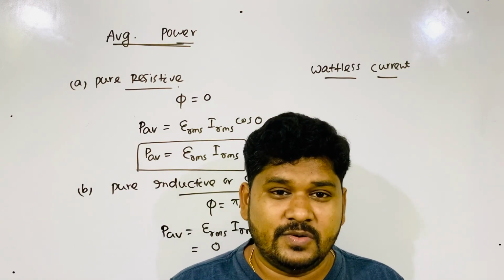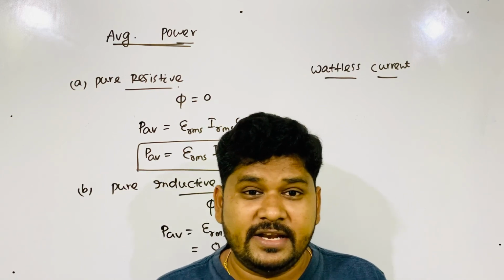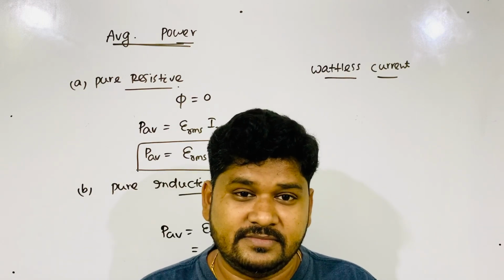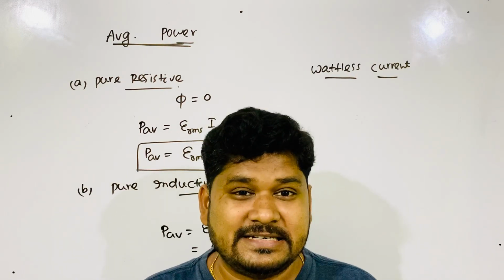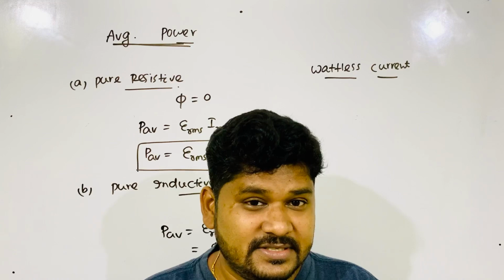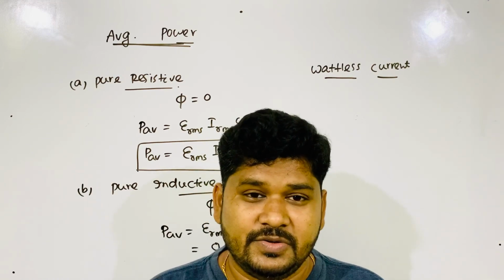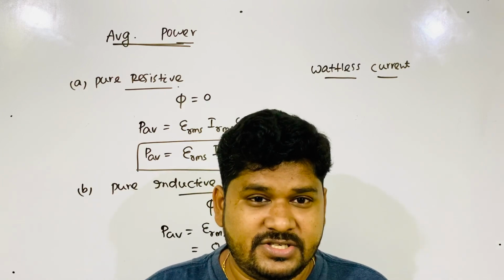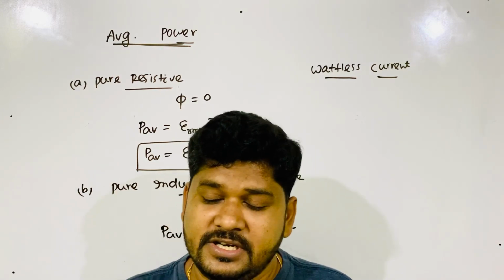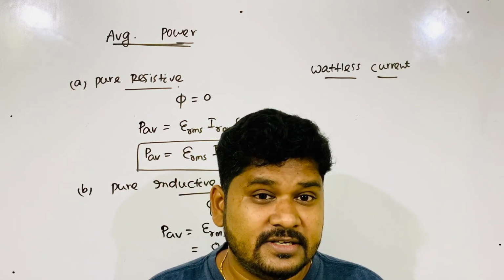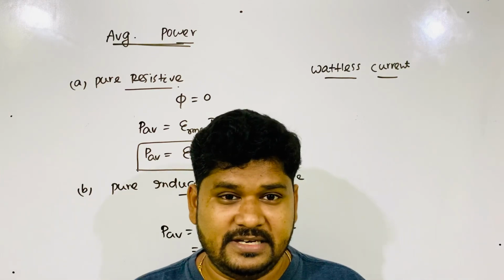Suppose in your house you connect one or two more resistors, then you will face the problem of electric bill. Resistor means you connect electric bulbs, your tube light bar, that's a resistor. If you connect a heater, an iron, any resistor, you have to pay electric bill.